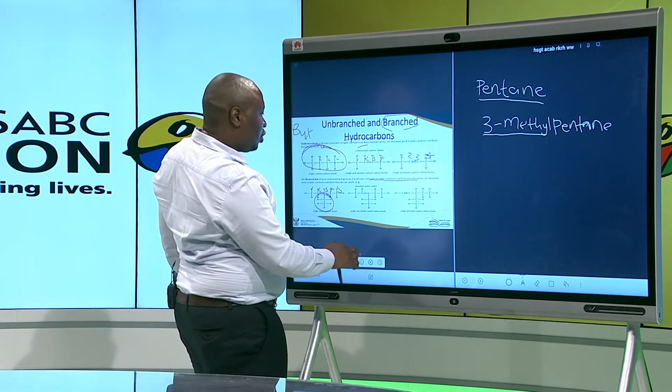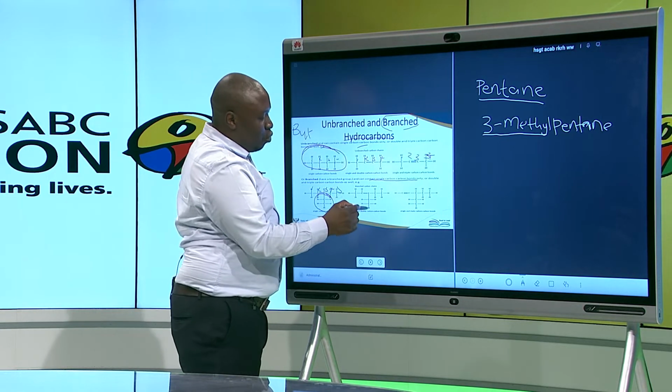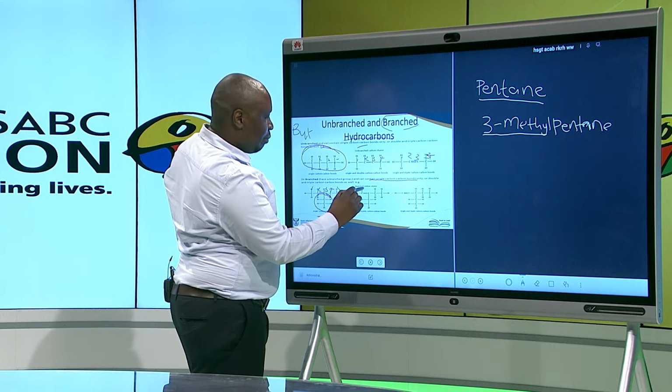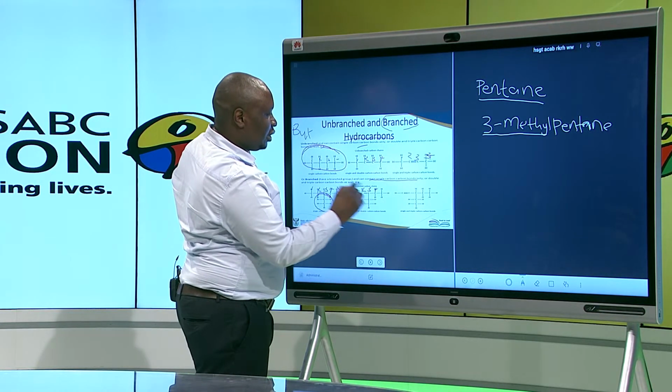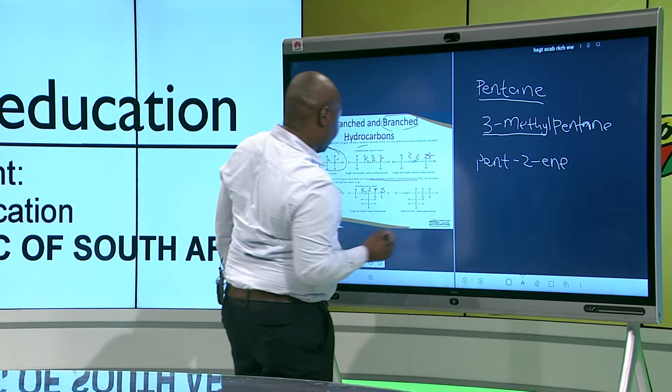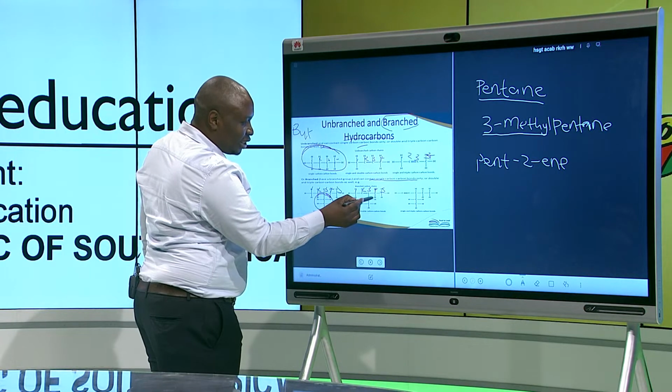The same will apply when you move to your alkenes and your alkynes. You'll always number the longest carbon chain, which is still 5. So the parent chain will be pent. Then you check where the double bond is, in carbon number 2. You'll say pent-2-ene as your parent chain. Then you go and look for a substituent.